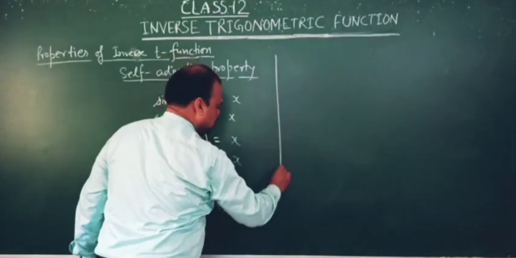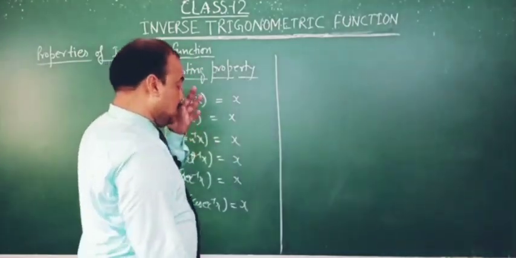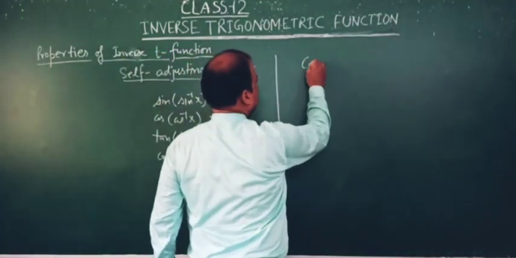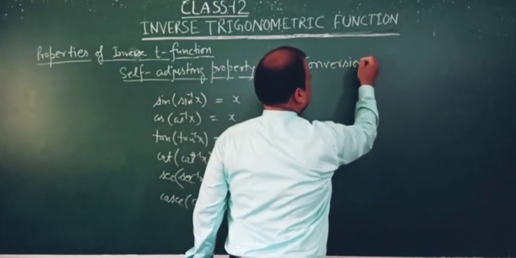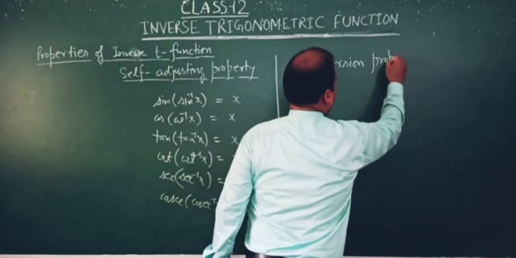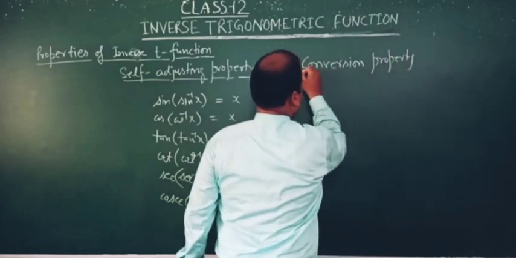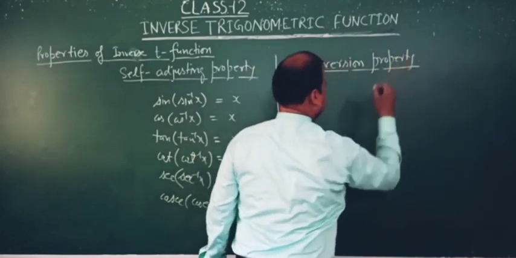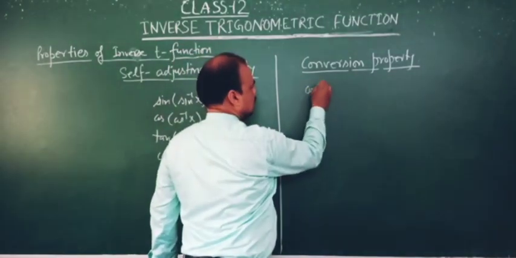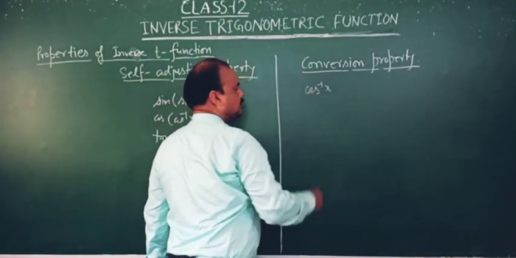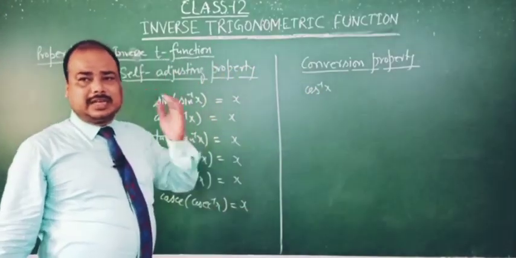Next property is the conversion property. Let the value of cos inverse x be given.